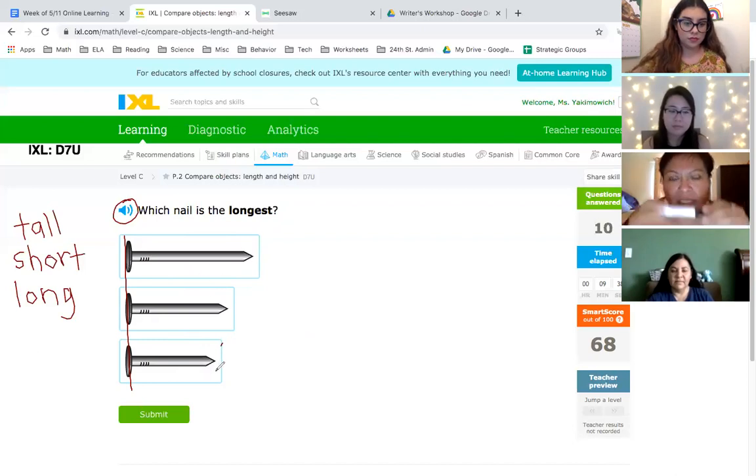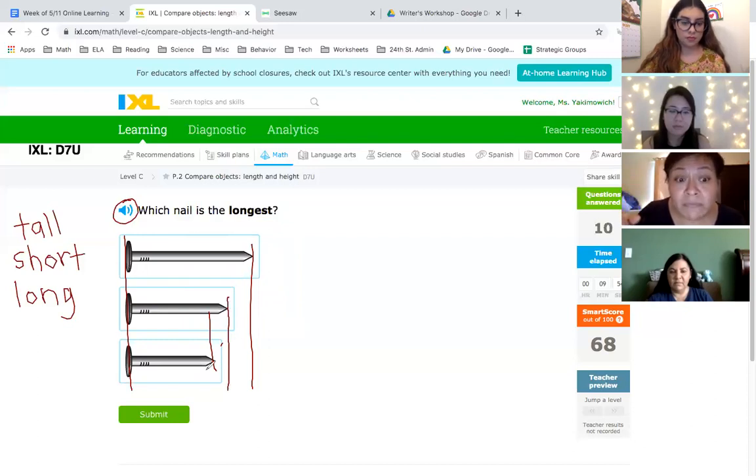So looking at that top one, I noticed that that's pretty long. Okay, so I'm going to just focus on the bottom two, which is the second one and the third one there. The second one's point sticks out more so than the one on the very bottom. So I'm going to say that my answer will be the third option. Oh, wait, is the question the shortest or the longest?